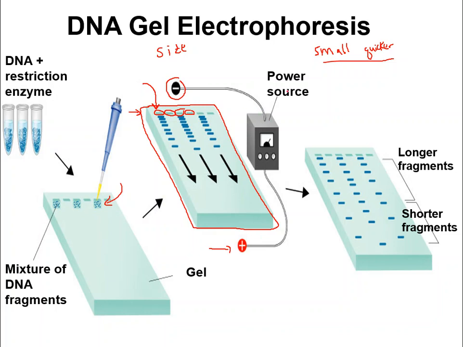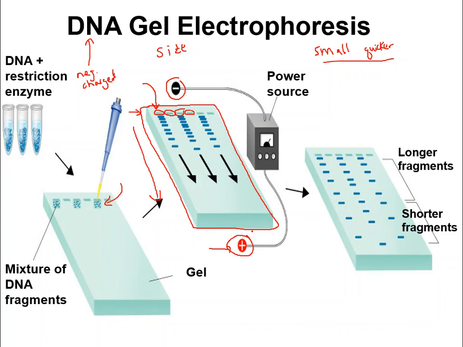Then turn this power source on, because DNA is negatively charged, the negative charges are going to repel each other, and that's going to push DNA towards the positive end of the gel.